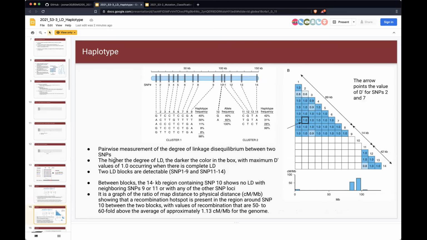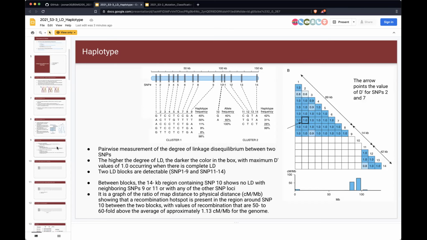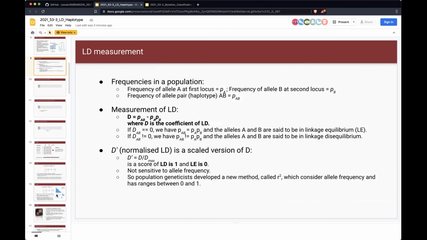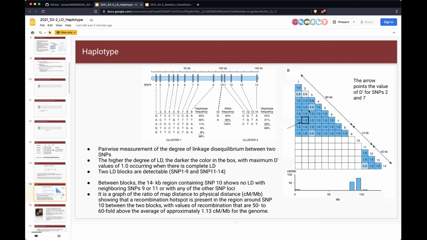Also, if you look at the haplotype, then you can specifically measure how frequently they are happening in our genome. This is the same topic we discussed about the coefficient of the LD in slide 9. So this is an actual example of how we represent the LD information in our genomic position. This is the pairwise position of the chromosome, like from 1 to 14.